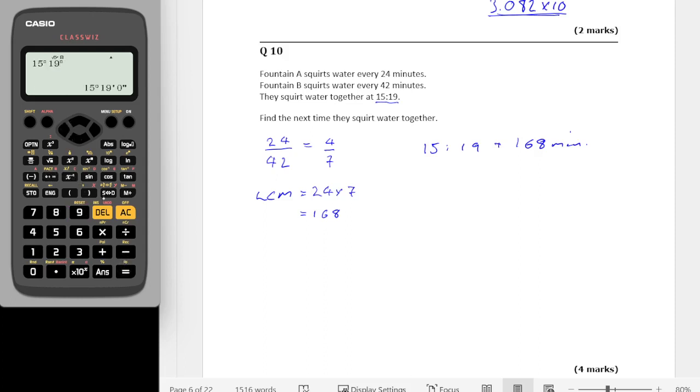So that enters it as a time, and to that I want to add on 0 hours and 168 minutes, and that tells me that the time is going to be equal to 18 hours and 7 minutes. So that's my time, 18:07.